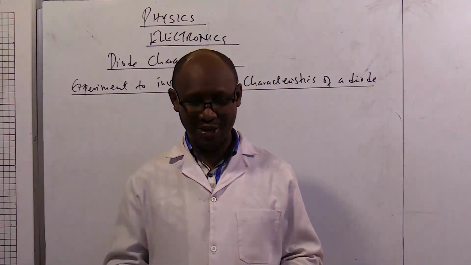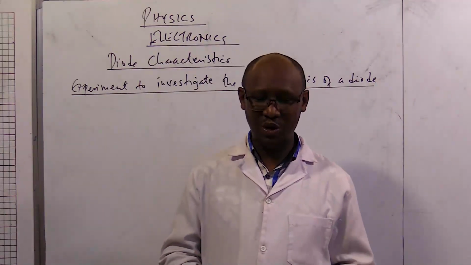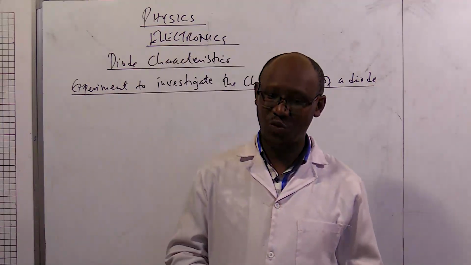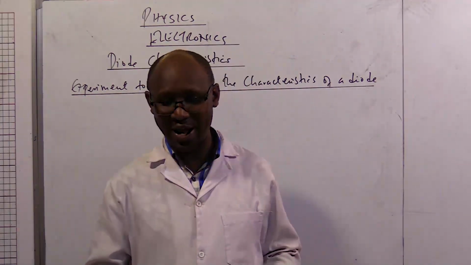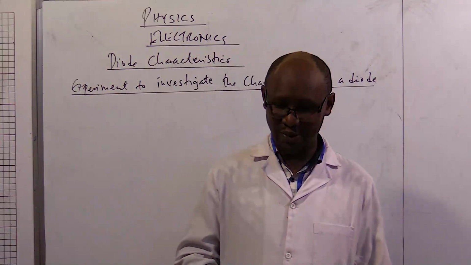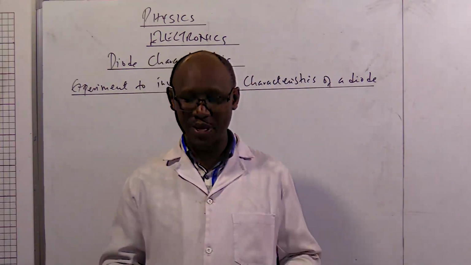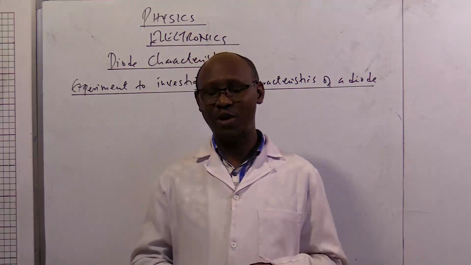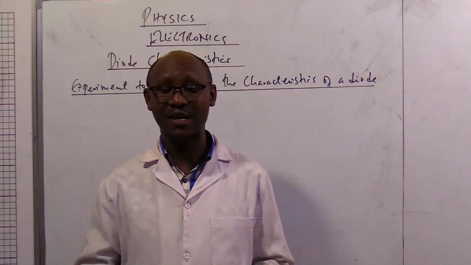In our last session, we looked at what we call reverse biasing and also what we refer to as the PN junction diode or a semiconductor diode. Let me just recap on the PN junction diode, which is also referred to as a semiconductor diode.